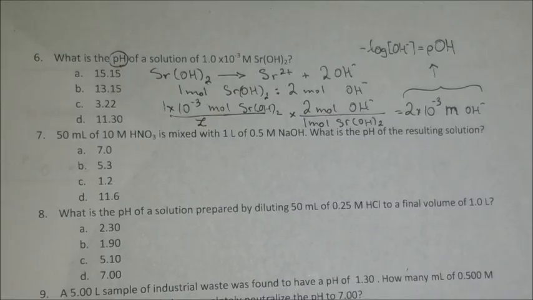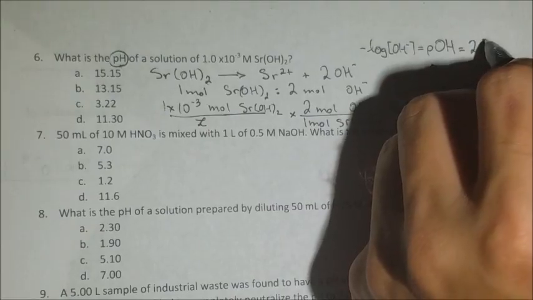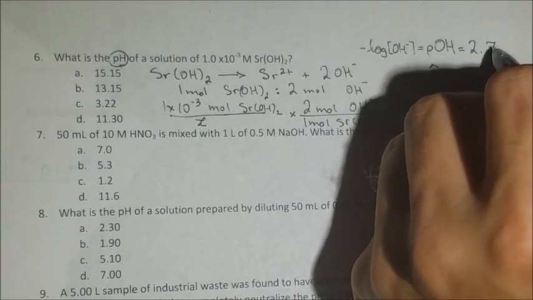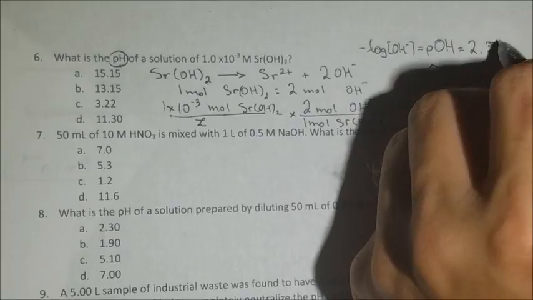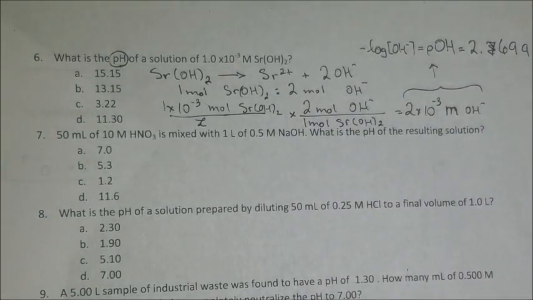So let me do that. A negative log of 2 times 10 to the negative third gives me a POH of, I'll round it like this, 2.699. That is our POH, not the pH.